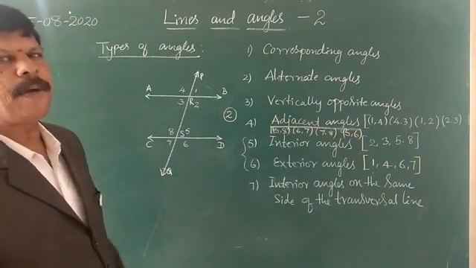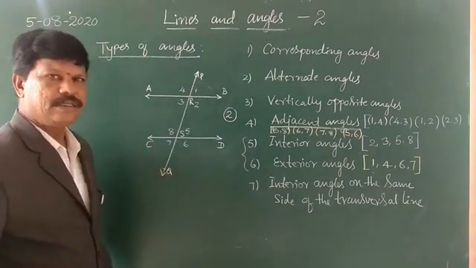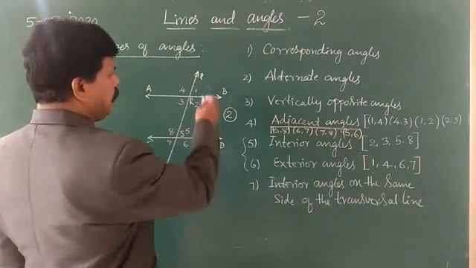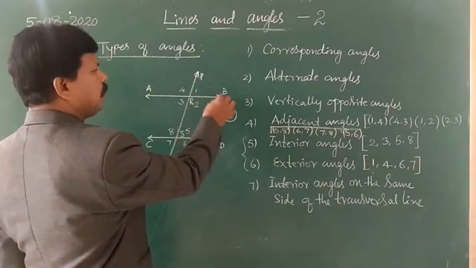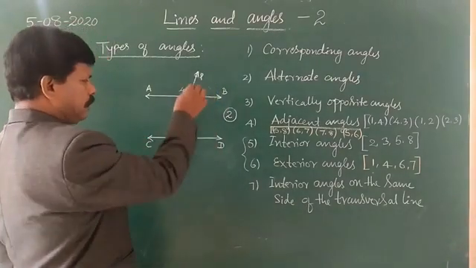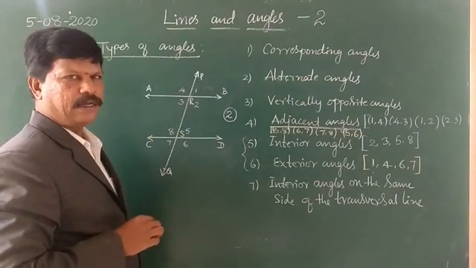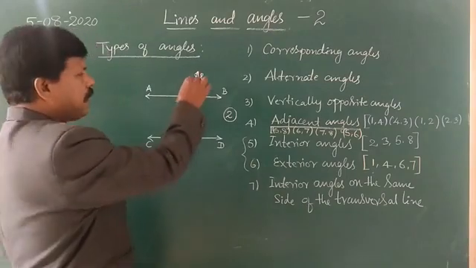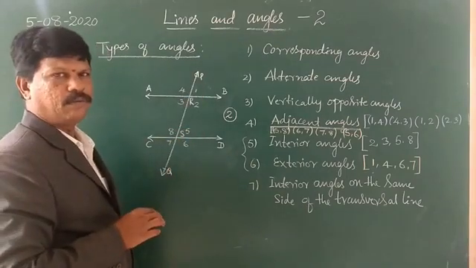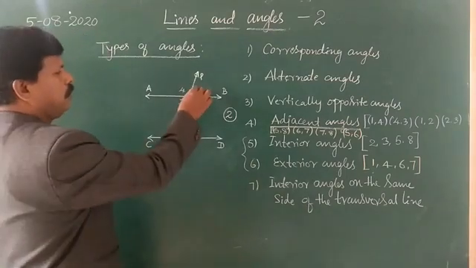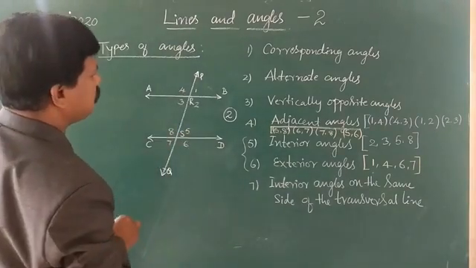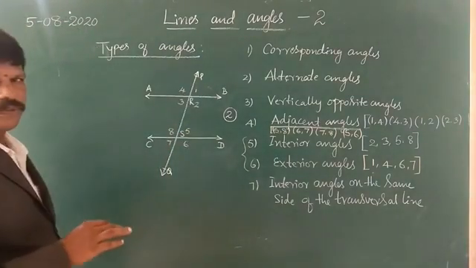Take the separate parts of the 8 angles and keep this angle 1 on 5. 1 on 5. See whether they are equal. Clear? Now these two angles are looking the same.